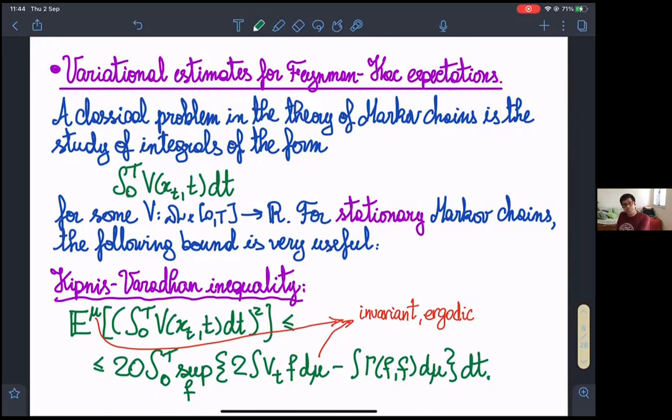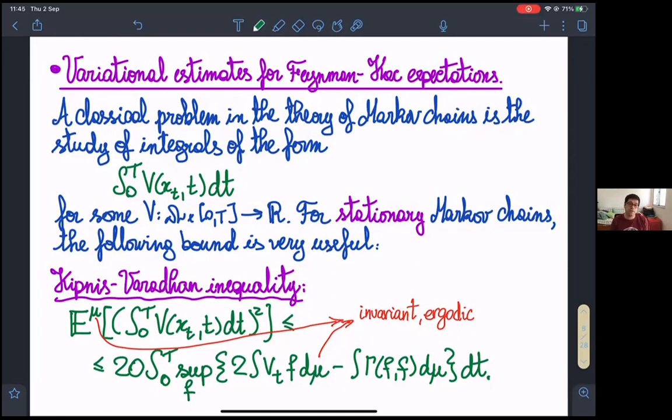Actually, when you look at this, and if you know about Gelfand triples, you can identify the supremum there as a dual norm. If you think about the integral of the Carré du champ, it's a quadratic form. If you take the square root of a quadratic form, you obtain a norm, or at least a seminorm.